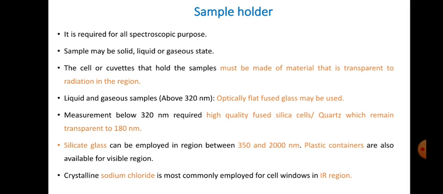When we go for IR spectroscopy, we use crystalline sodium chloride, which is commonly used as the construction material of the cell or sample holder in the IR region. The main idea is to consider what kind of radiation we are using on the sample. Those radiations should not be absorbed by the sample holder, so based on that we have to select the sample holder.